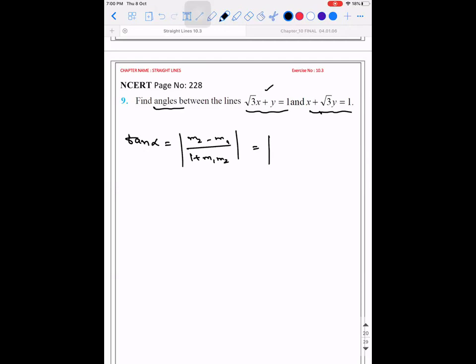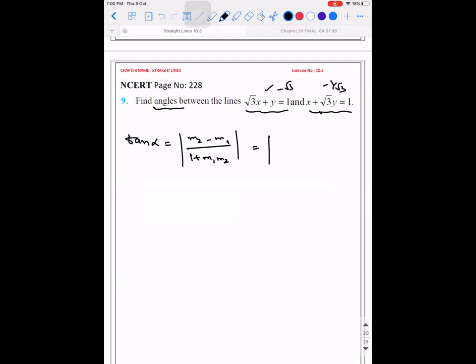It is minus root 3. What is the slope of the second line? Minus 1 by root 3.